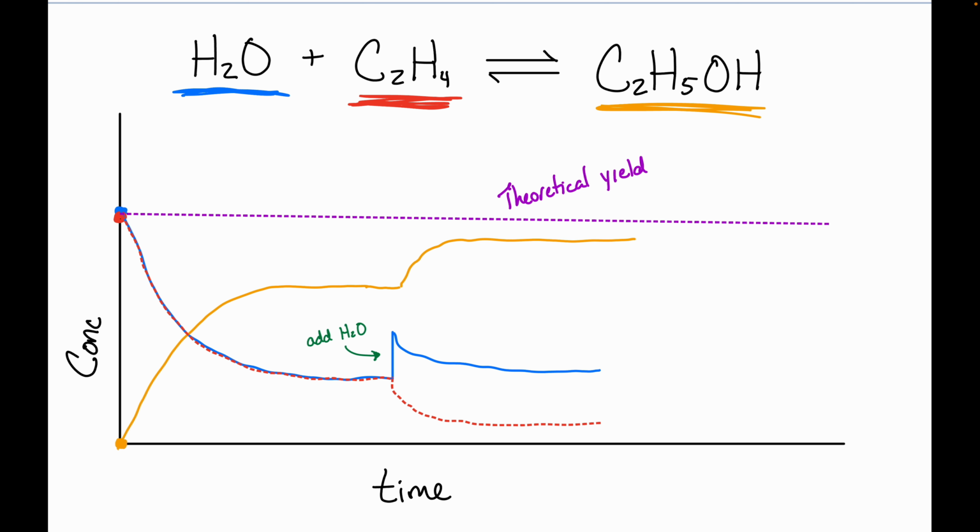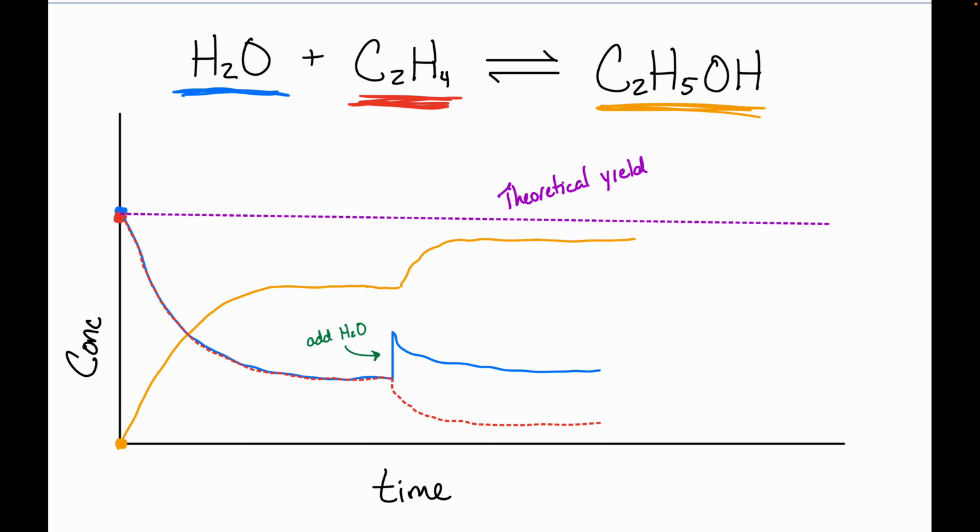And now I'm that much closer to my theoretical yield for this experiment. I almost got the maximum amount possible, almost consumed all of that C2H4, right? I could add even more water and get even closer to that 100% yield, right?